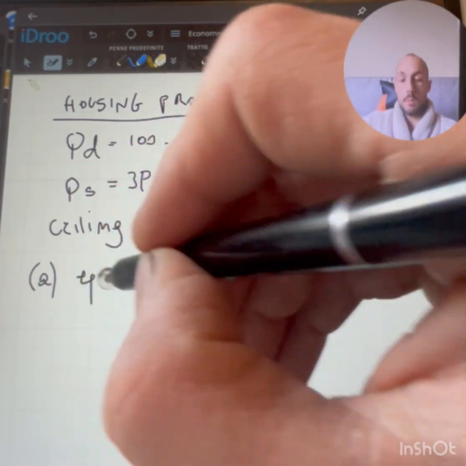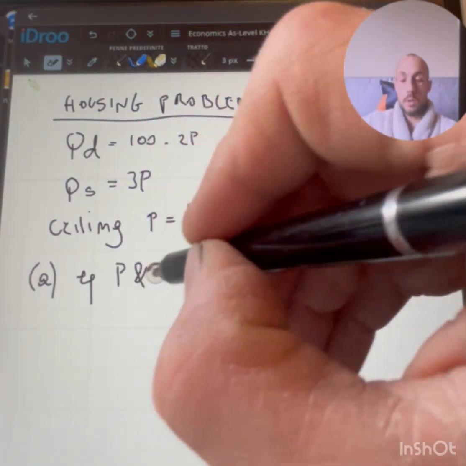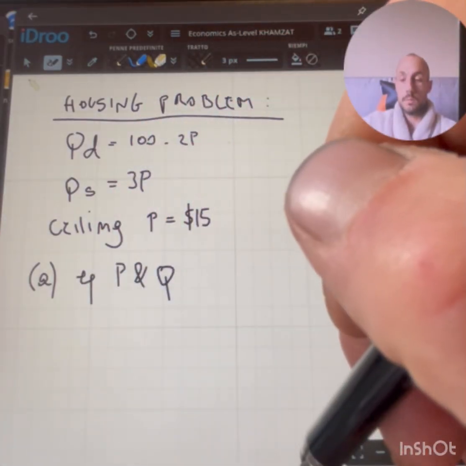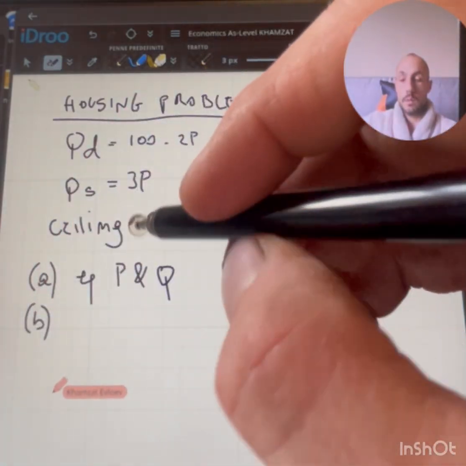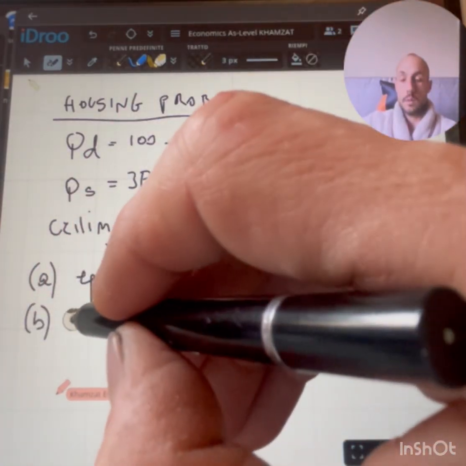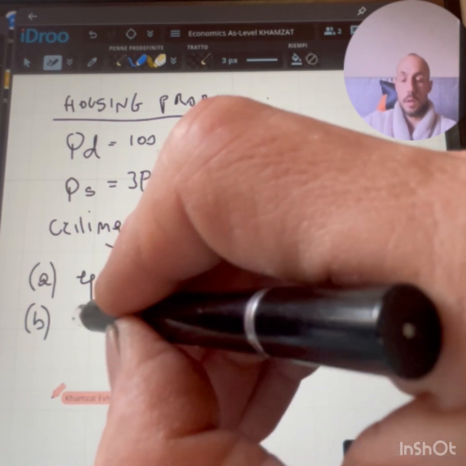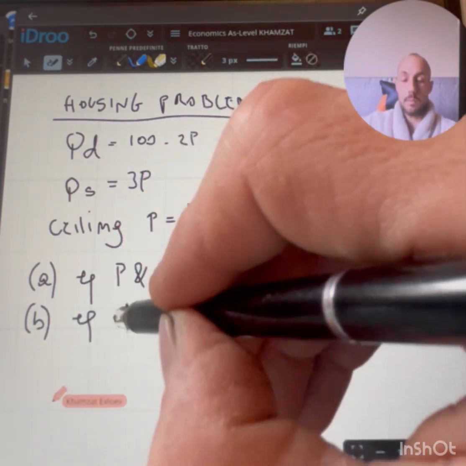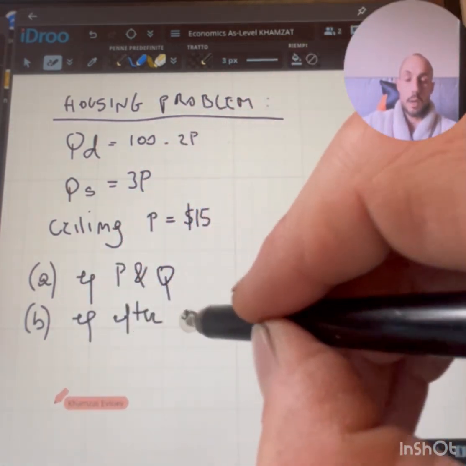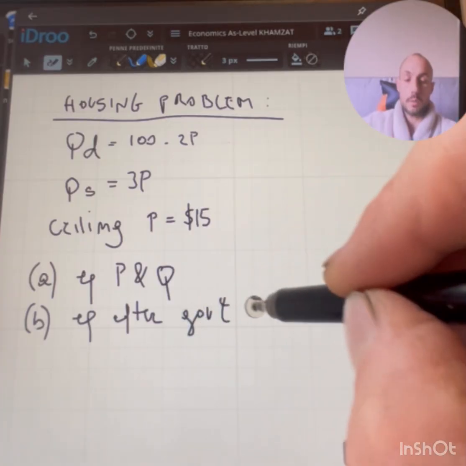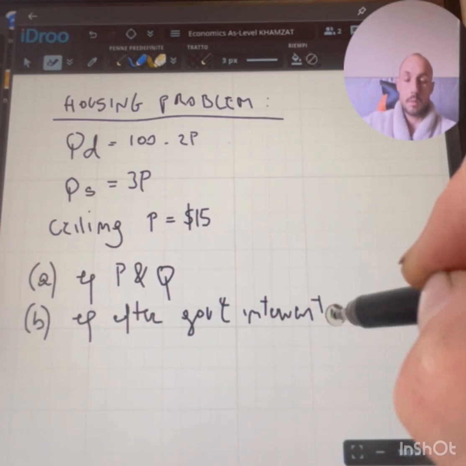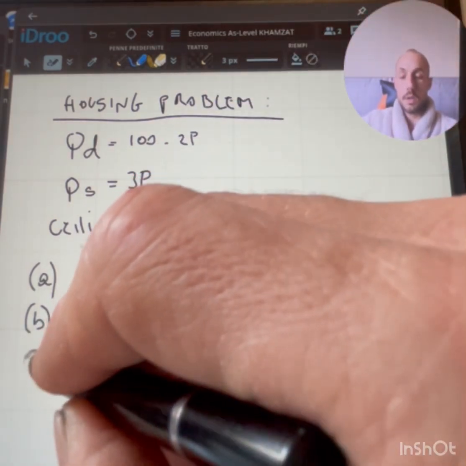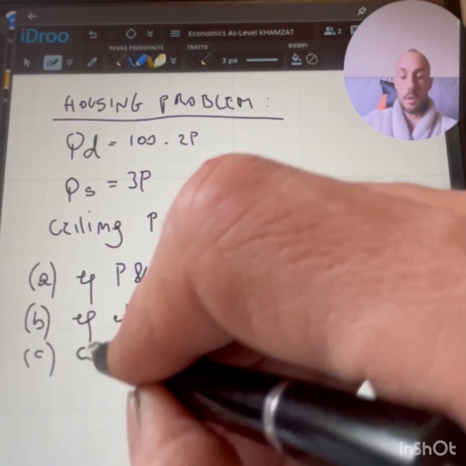A, find the equilibrium price and quantity. B, the equilibrium after government intervention. C, calculate the consequences.